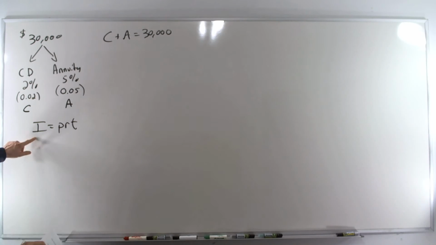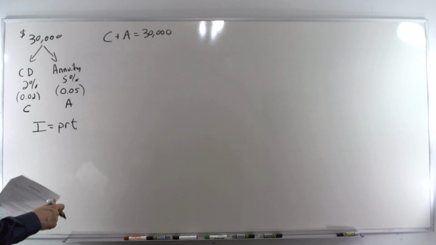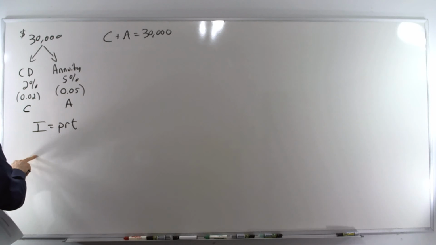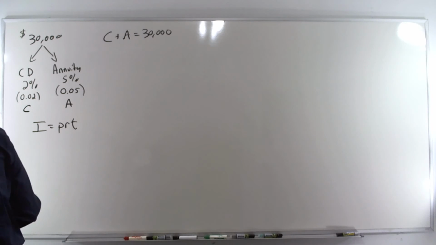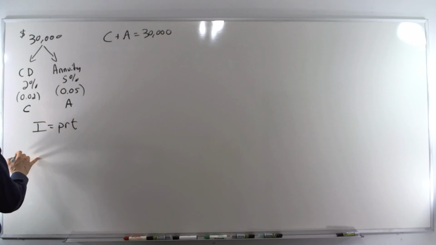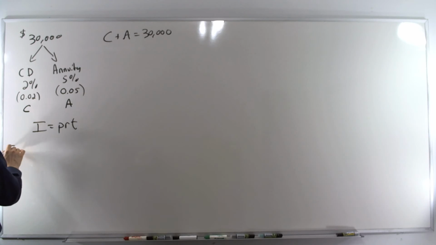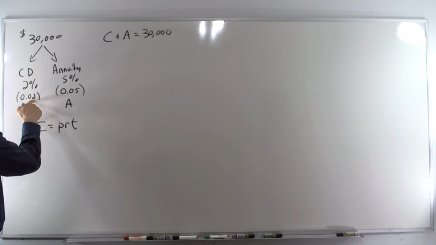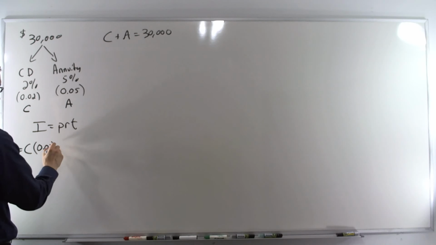Now what we can do is calculate the interest for each account separately. For the CD, the interest is going to be the principal, which we defined to be C, the amount of money we're putting into that account, times the interest rate, 0.02, times T, the amount of time, which is just 1.